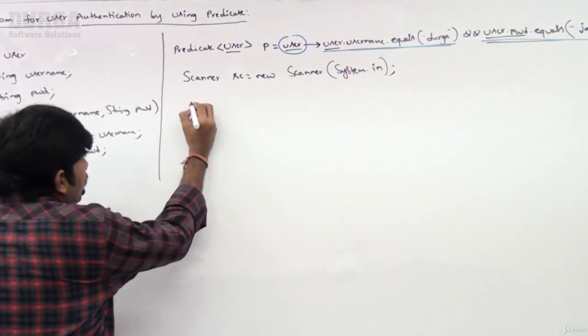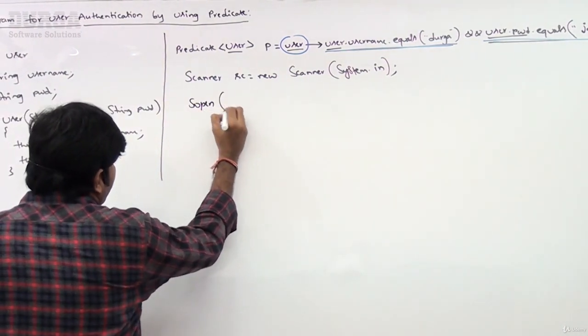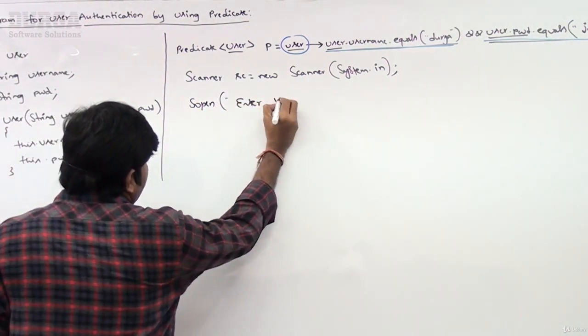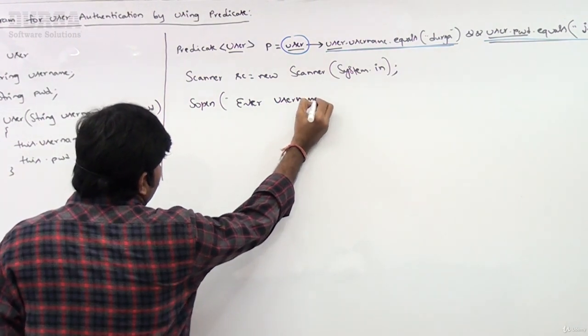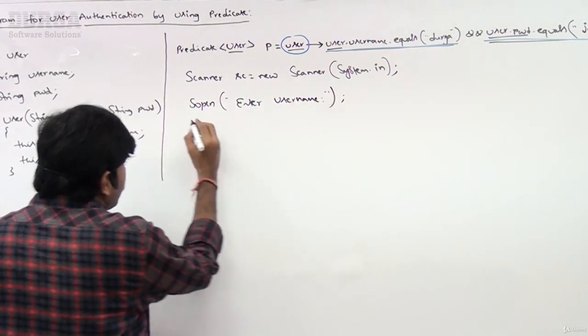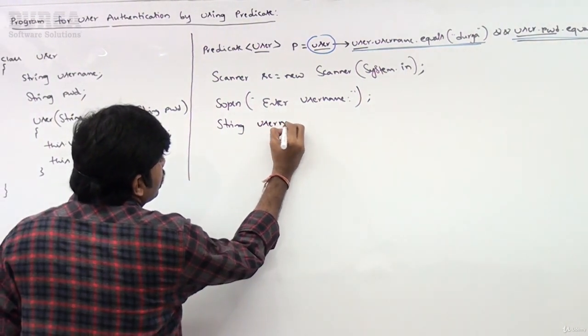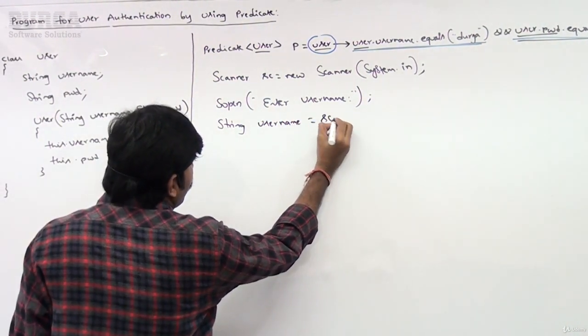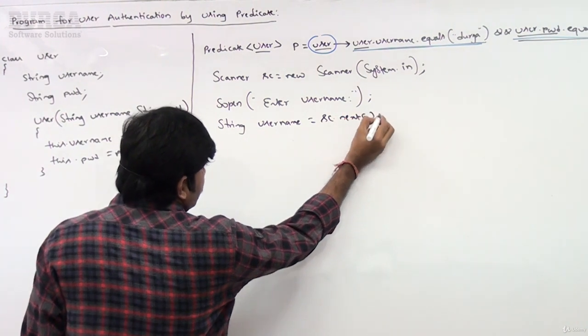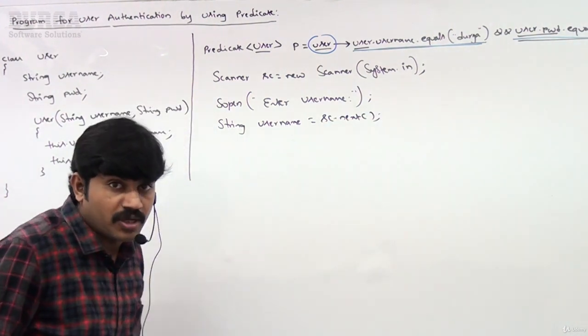Now I will ask, enter username. Now I will get the username, sir. String username is equal to sc.next. Remember this, string username is equal to sc.next.